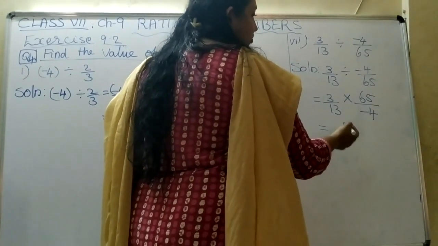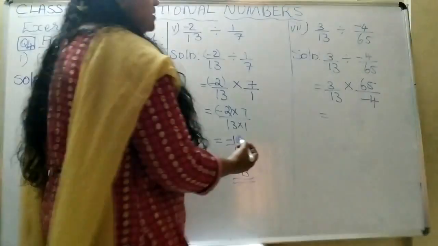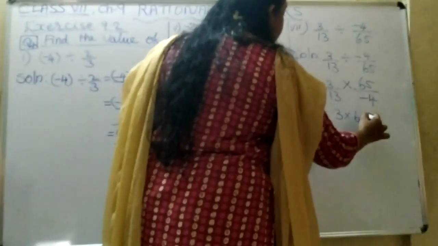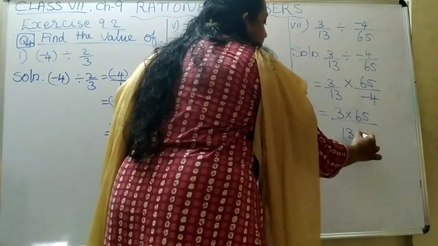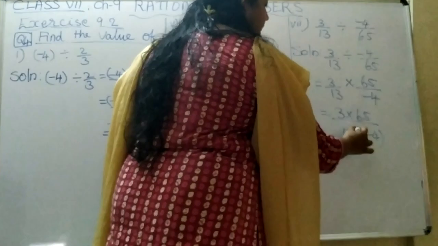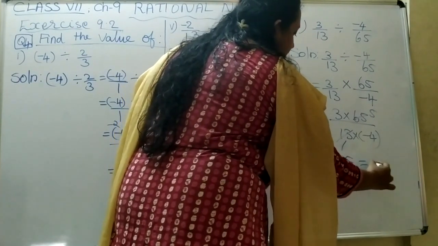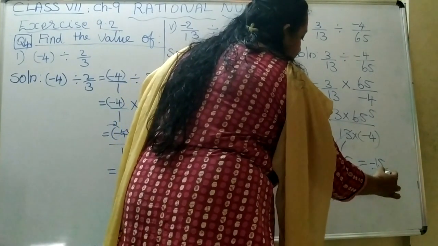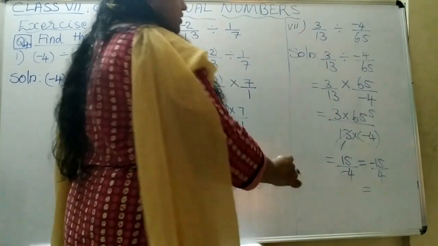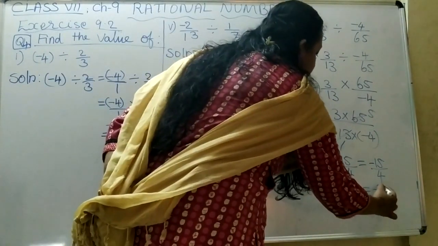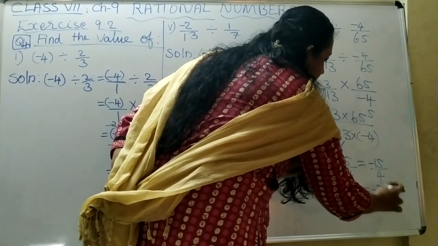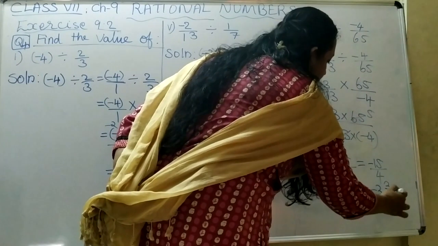Then apply the rule of multiplication of rational numbers, that is product of numerators upon product of denominators. 3 into 65, divided by 13 multiplied by minus 4. 13 one time, here it is 5. So we are getting 15 upon minus 4, or the same as minus 15 upon 4. This is an improper fraction, so we can write it as minus 3 integer 3 upon 4.